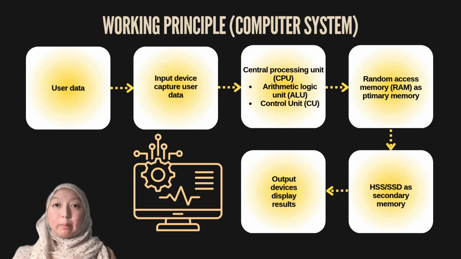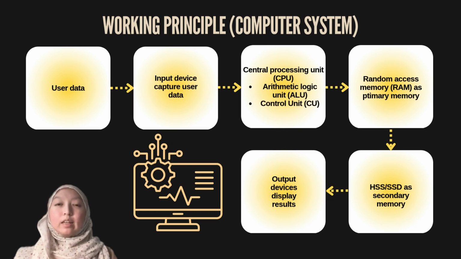First, the user inputs data using devices like a mouse, keyboard, or microphone. This data is sent to the control unit, which directs the flow of operation inside the CPU. The arithmetic logic unit, or ALU, then processes the data by performing mathematical and logical operations. During this stage, temporary data is stored in the primary memory, or RAM.